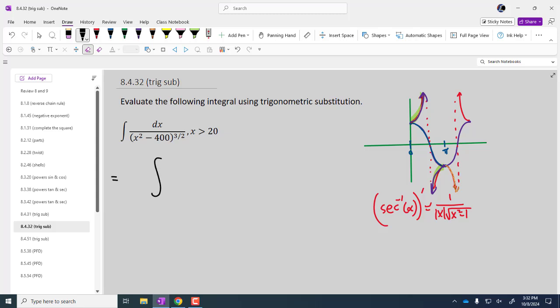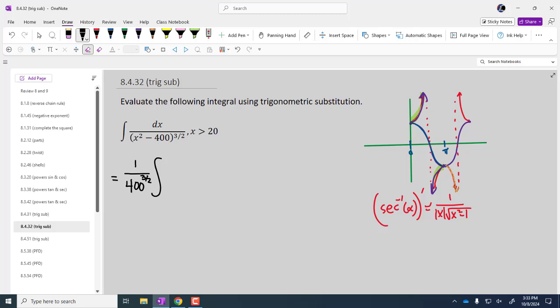Okay, so we're going to pull out the 400. We want a difference of squares with a 1, so we factor out the 400. It's in the bottom, in the denominator. So what is the exponent that's coming along as it moves out to the front? 3/2. 3/2 is the exponent, so if you pull something out of this quantity that has a 3/2 power, that power comes along.